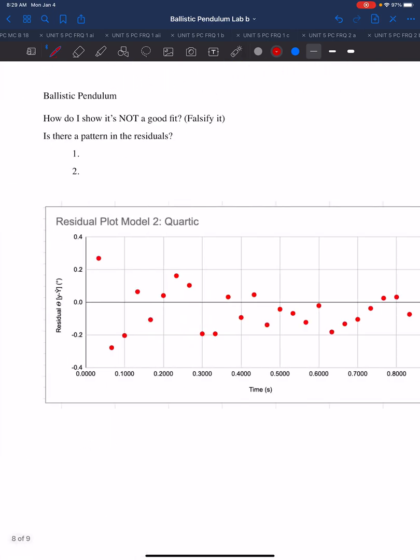So when we make a residual plot for this second case, what we look at here is it doesn't seem to follow any smooth function. So is there a pattern in the residuals? What we look for is it's not a smooth function. And the second is the residuals are unpredictable.